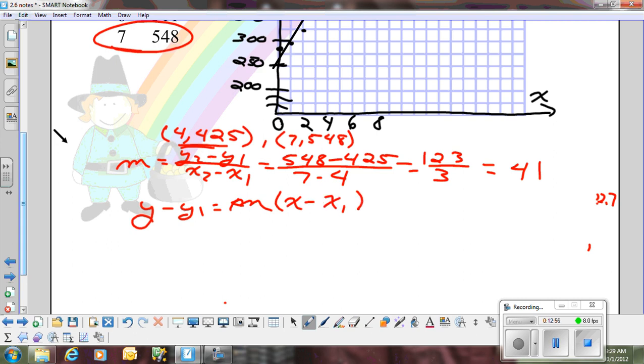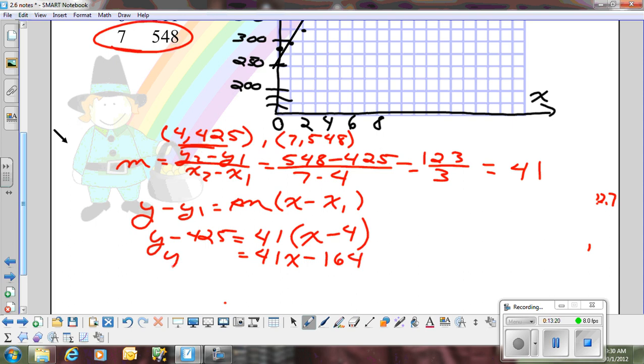So let's plug in values. y minus 425 equals 41 times x minus 4. Okay, so 41 times 4, I get 41x minus 164. And y minus 425 equals that.